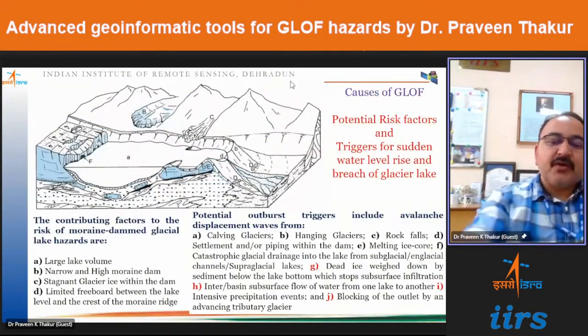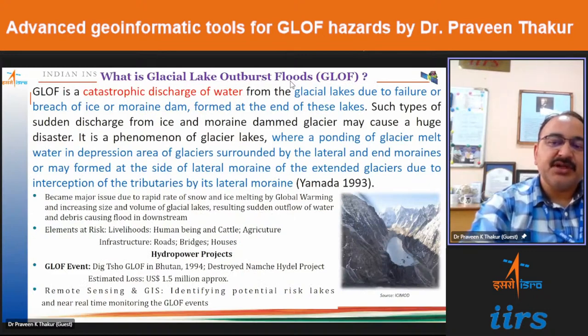So GLOF is nothing but the specialized case where a particular glacial lake, for example, this is a typical moraine dam lake, will breach and cause the catastrophic discharge of water from the lake. And there will be two types of breach.